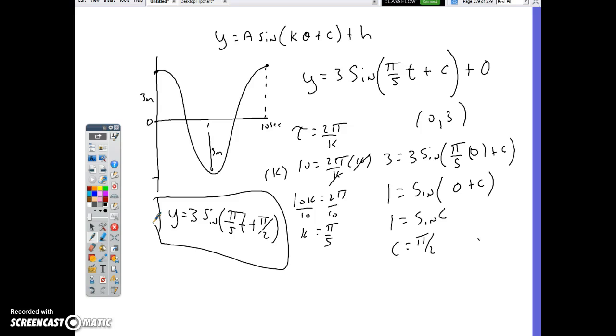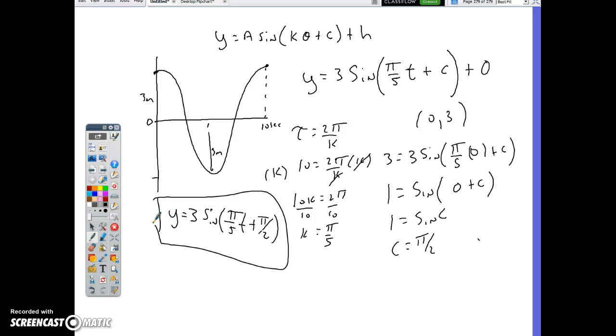I'm solving this, right? Miss Kirkland, what is 5 pi over 5? Just 1 pi, right? So pi plus pi over 2. What's pi plus pi over 2? If I need a common denominator, I have to put a 2 on top and bottom, right? So it'd be 3 pi over 2, right? 3/2 pi. Pi and a half.